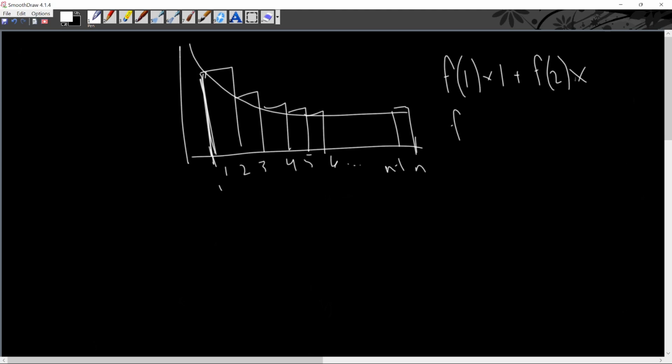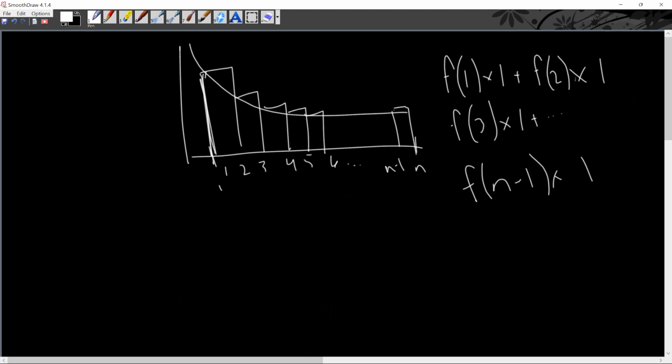Everything is incremented by 1. So f of 2 times 1, f of 3 times 1, and on and on, until you get to f of n minus 1 times 1. Again, n is not included because this is an overestimate. We're starting from the left.